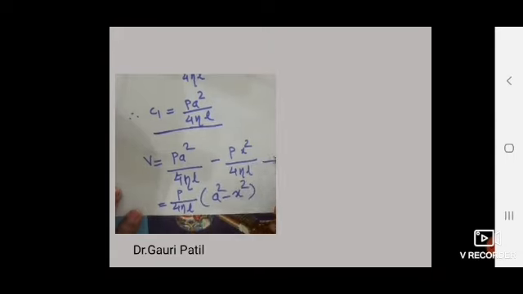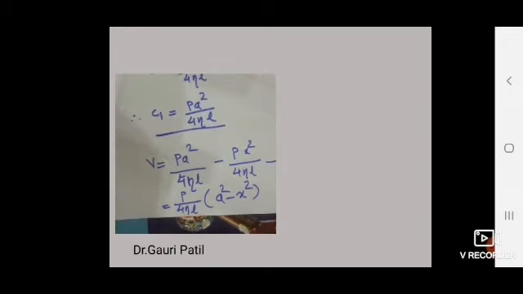This is equation number 1. Equation number 1 gives the velocity of flow of liquid at a distance x from the axis of the capillary tube. It is the equation of a parabola.